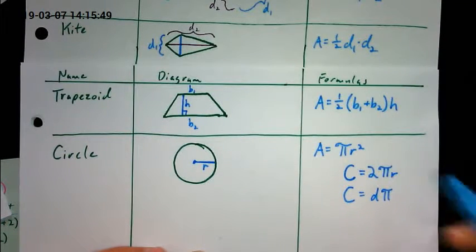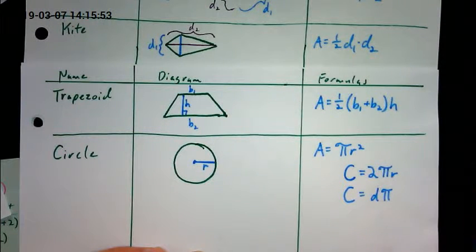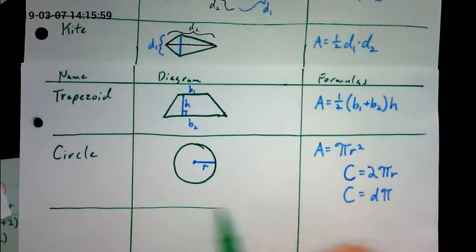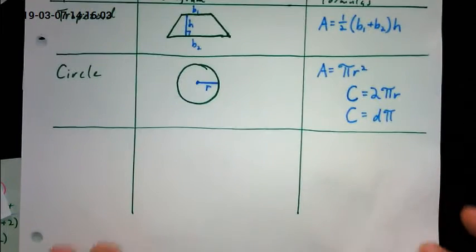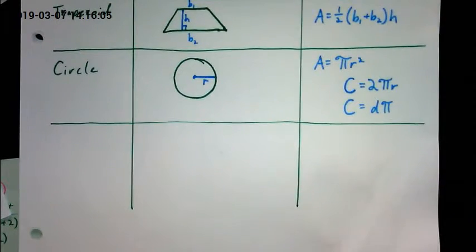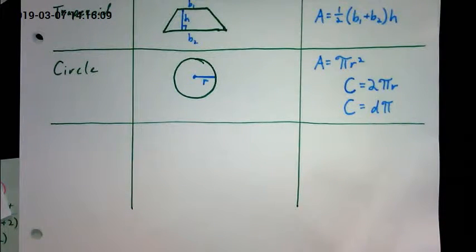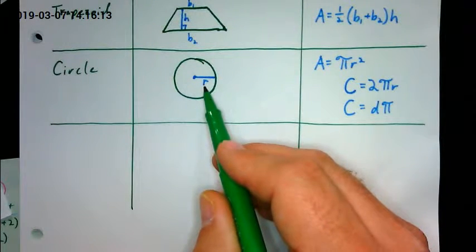Both work because 2 times r would give us the diameter. That's an R for radius.